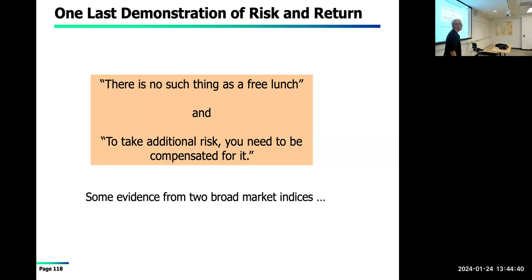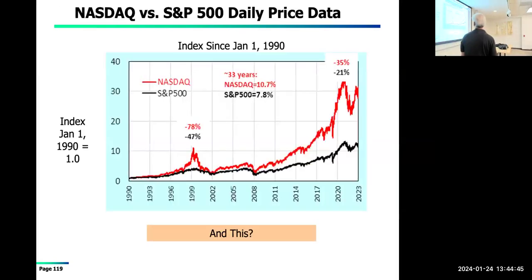Okay, some evidence from two broad market indices that I showed you a while ago. So I went out and collected the data from 1990, the NASDAQ index and the S&P 500 index, through almost the end of 2023. The idea is, are you better off putting your money into the black line or the red line? And that's something I cannot answer.